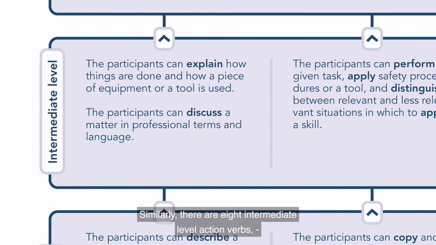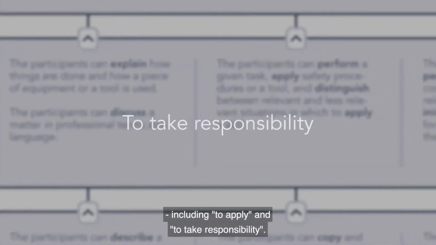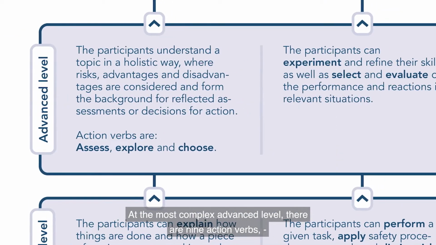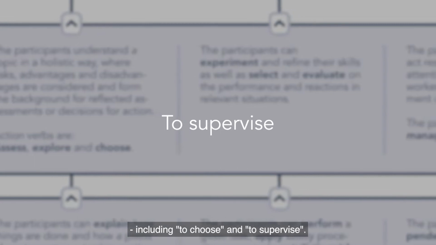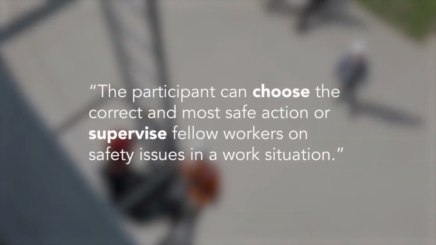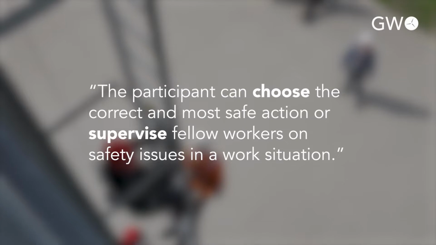Similarly, there are 8 intermediate-level action verbs, including to apply and to take responsibility. At the most complex, advanced level, there are 9 action verbs, including to choose and to supervise. An example of learning objectives at this level are: the participant can choose the correct and most safe action, or supervise fellow workers on safety issues in a work situation.